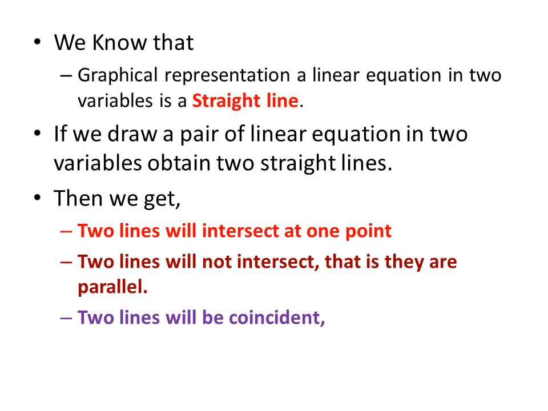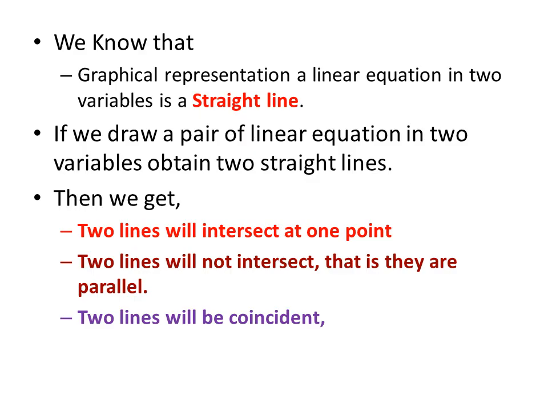If we draw two straight lines on the same graph sheet, we will get these results. Two lines will intersect at one point, or the two lines will not intersect, that is, they are parallel, or the two lines will be coincident.